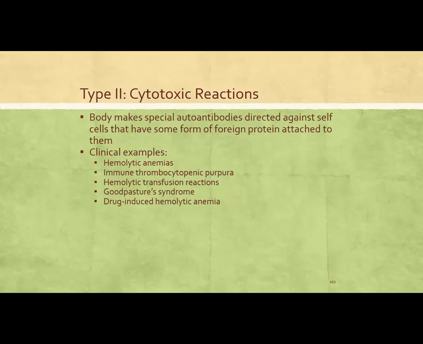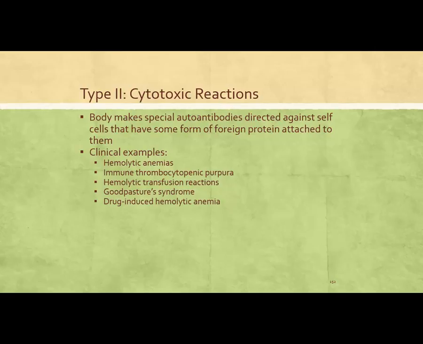With cytotoxic type 2 reactions, the body makes special autoantibodies directed against self cells that have some form of foreign protein attached to them.